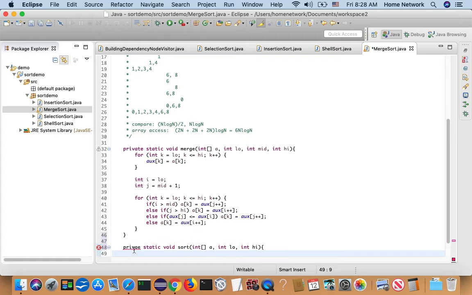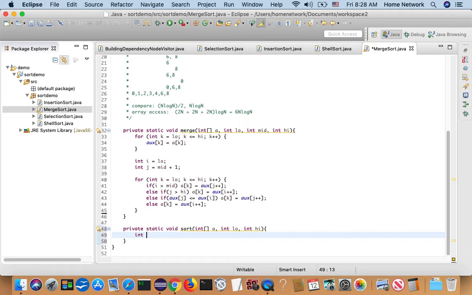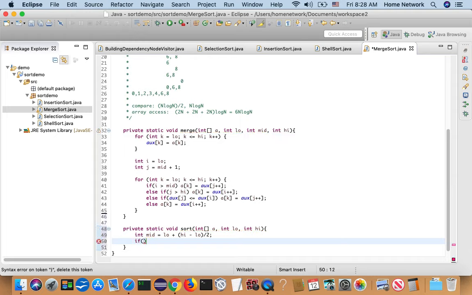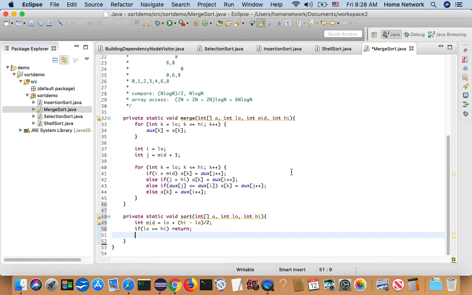Okay, private. The first thing we do is we need to calculate the dividing point. Once we have the dividing point, the next thing is we need to code the exiting point. So if low is not below high, we know this is a one element array. We don't need to do any further dividing, so we are done.